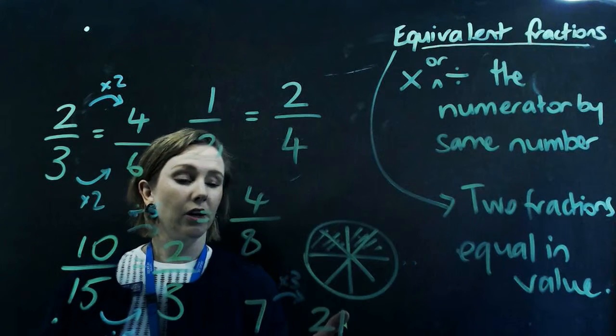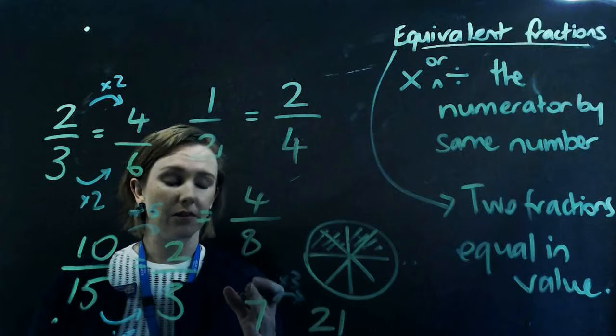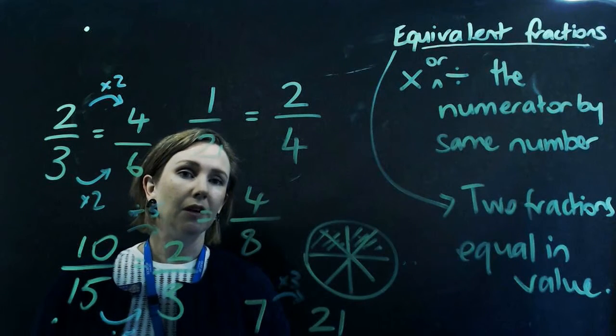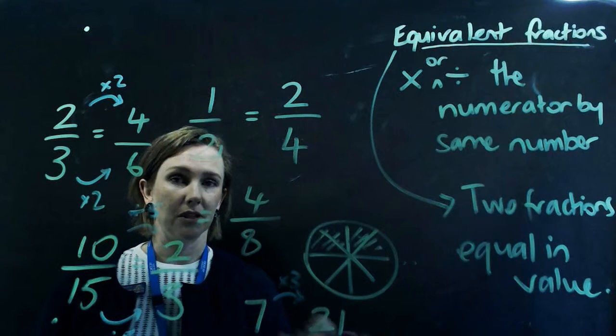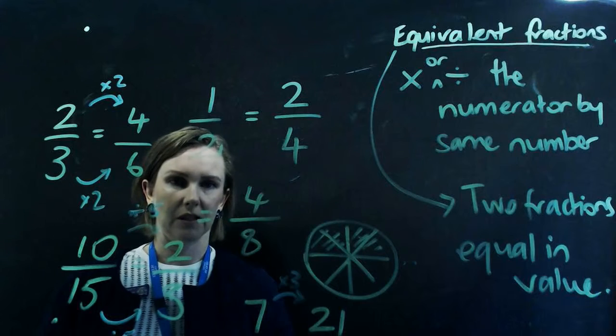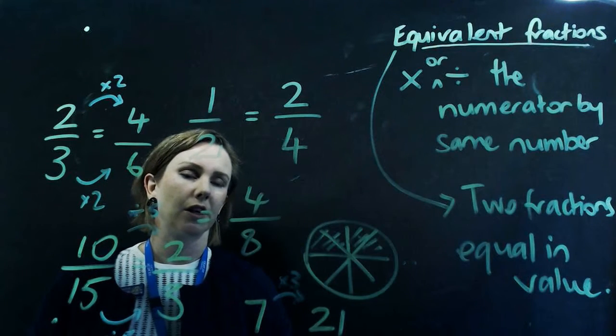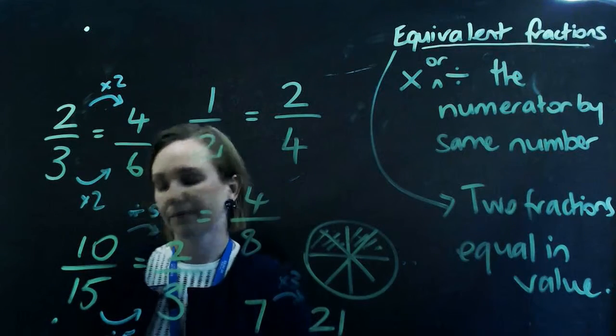So 21/27 is exactly the same in value as 7/9, even though the denominator and the numerator are different in the second fraction. And of course they're going to be different, because with equivalent fractions, that's the whole purpose: getting a fraction that is different in appearance, but exactly the same value.